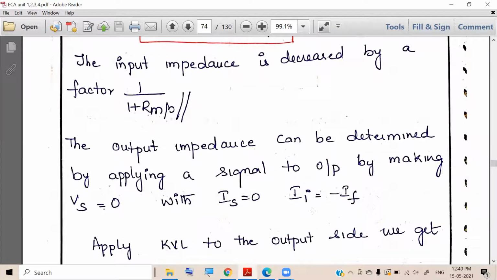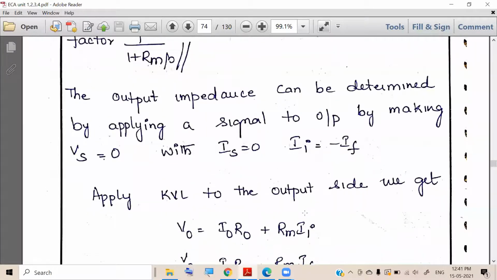Input current is the overall current minus the feedback signal, but Is is 0 because we are finding output resistance; we have to make the input source 0. So we consider just two equations.